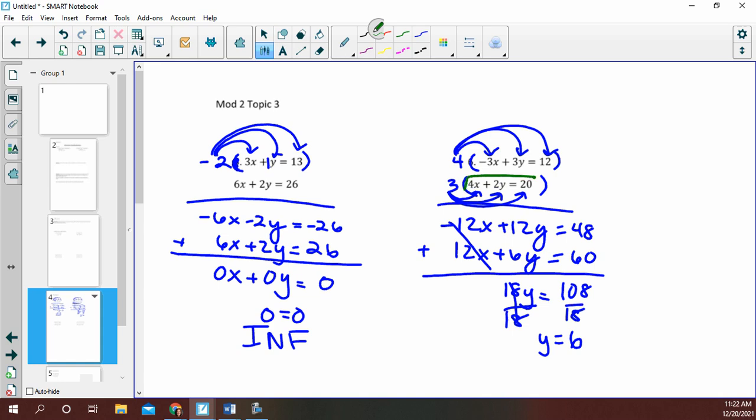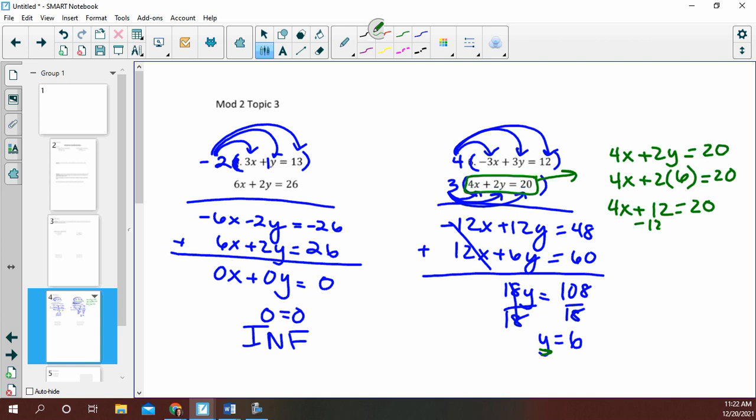I'm going to pick this one to go back into. I am replacing y. So when I take out my y, I plug in my 6. Remember, when you take the variable out, completely take it out. 2 times 6 gets me to 12, and now I move everything away from x. So I do its opposite to get 8. His opposite to get 2.